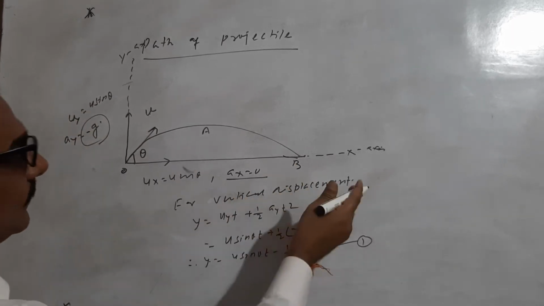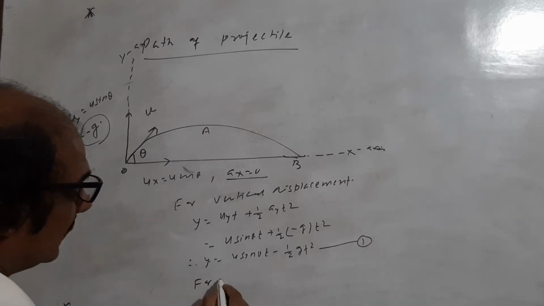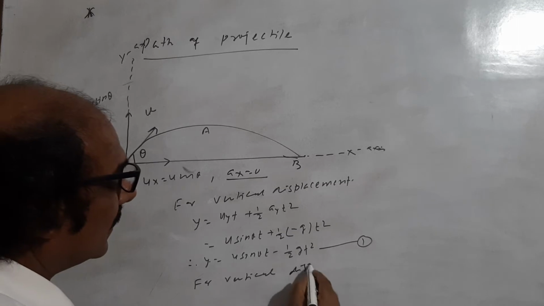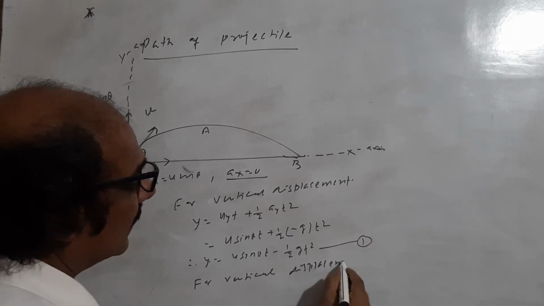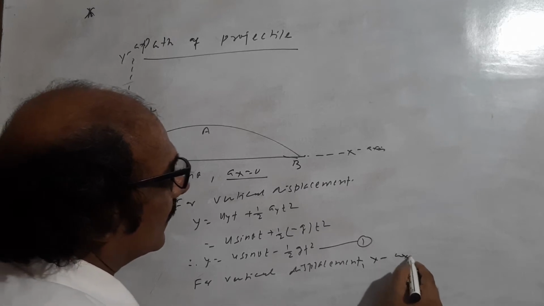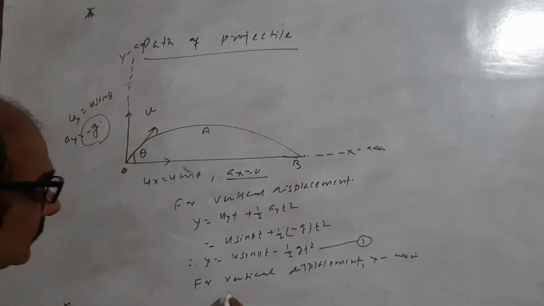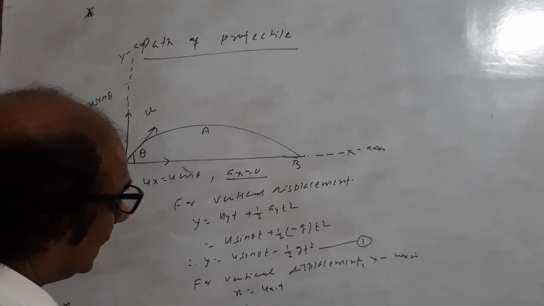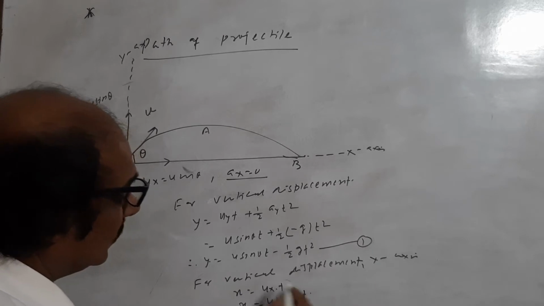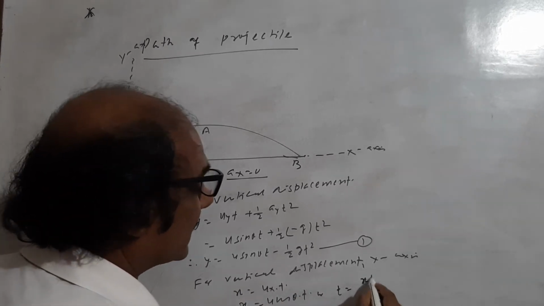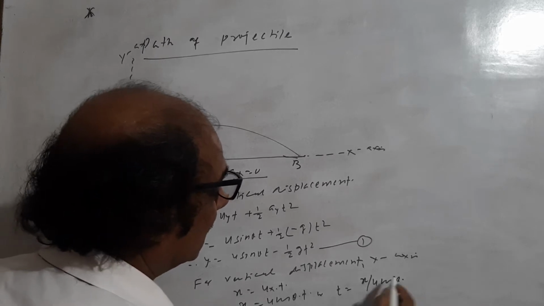For horizontal displacement, meaning displacement along the x-axis, x equal to ux into t, or x is equal to u cos theta into t, or t equal to x by u cos theta.